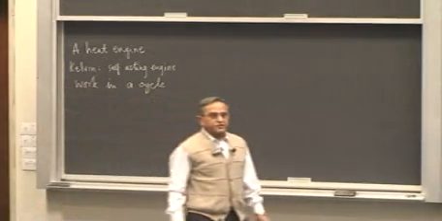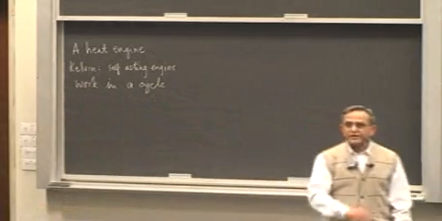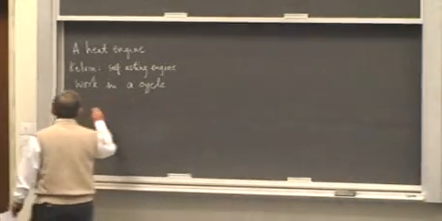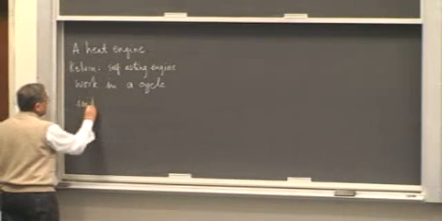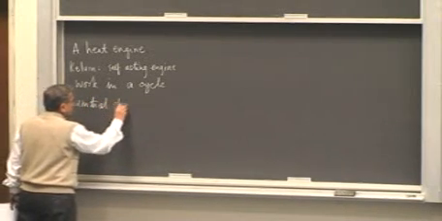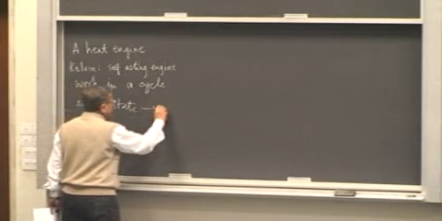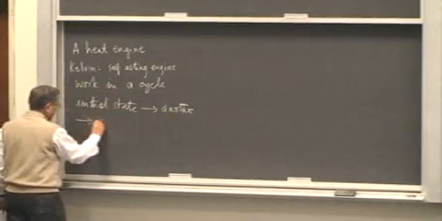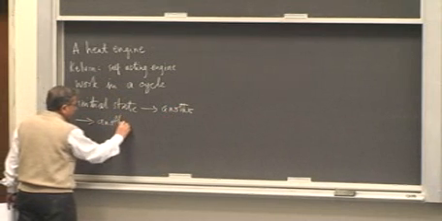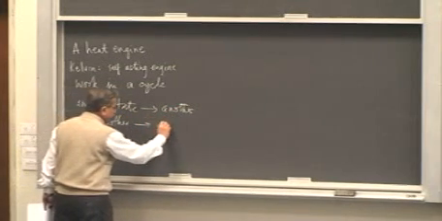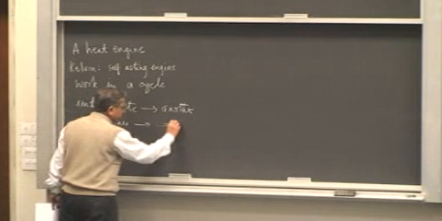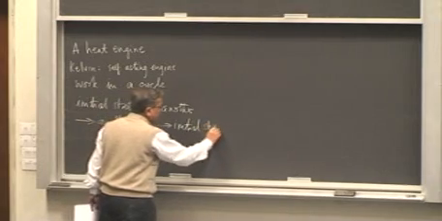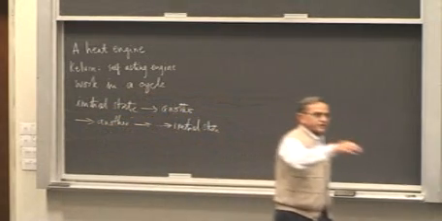It must work in a cycle. It should do some work and then come back to the initial state. So there should be an initial state, then maybe some other state, and then another, and then another, and I don't know how many times, however many times, eventually it should come back to the initial state so that it can start all over again.